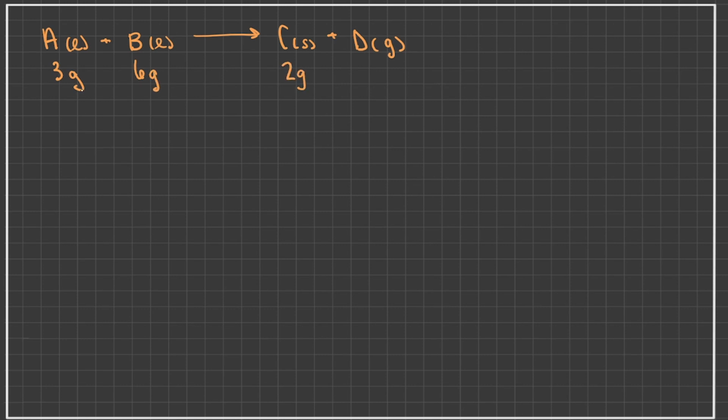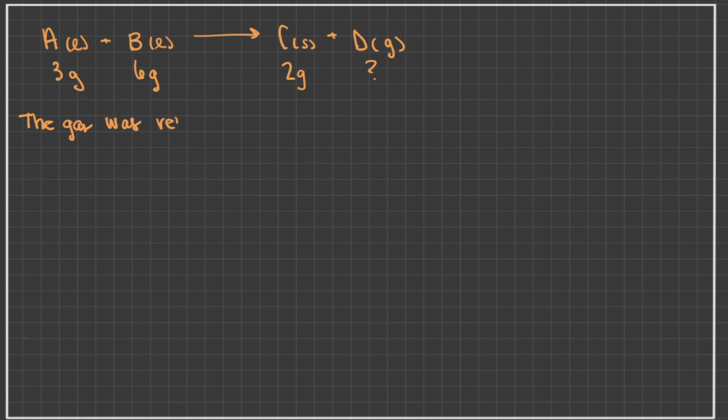So below we're going to see that we have reactant A, which is a liquid, and reactant B, which is also a liquid, and these two react in order to make product C, which is a solid, and product D, which is a gas. We're going to see that we have 3 grams of our A compound, 6 grams of our B compound.